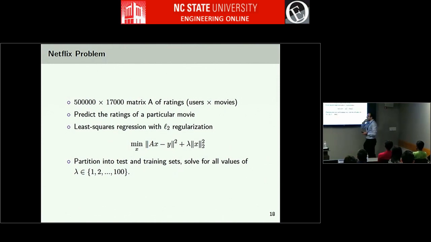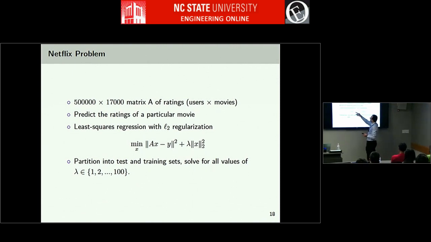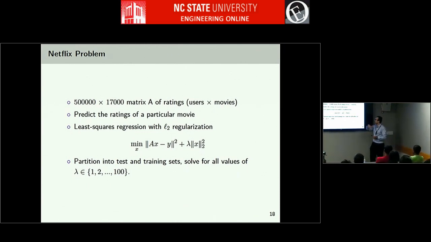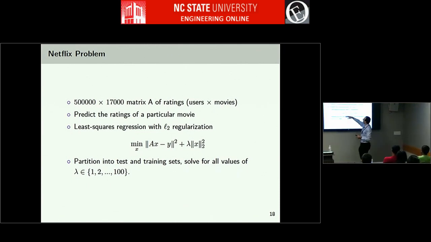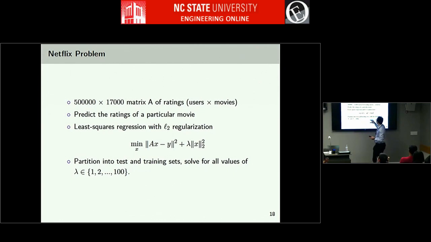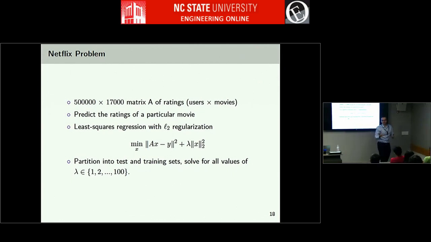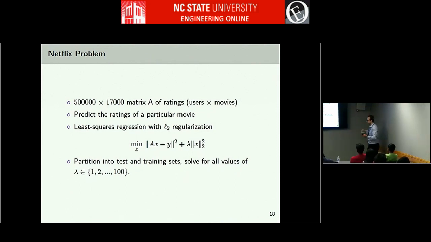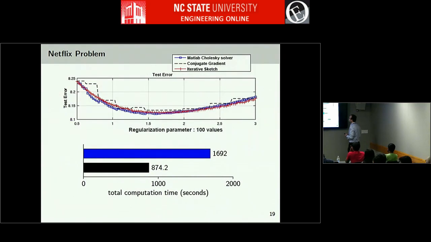And you can do least squares regression, basically, because it's a continuous regression problem. And you can do least squares with an L2 regularization. A very typical thing to do is you partition this large matrix into test and training, and then solve for many values of lambda and find the one which minimizes your validation error, right? So you typically need regularization for these problems.